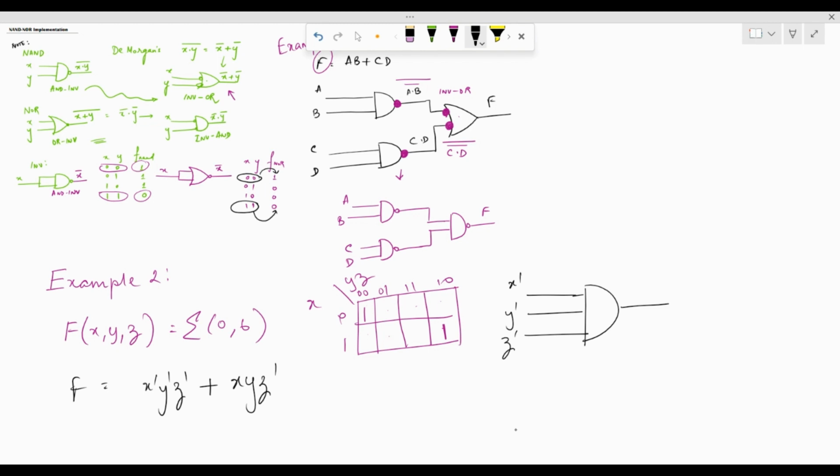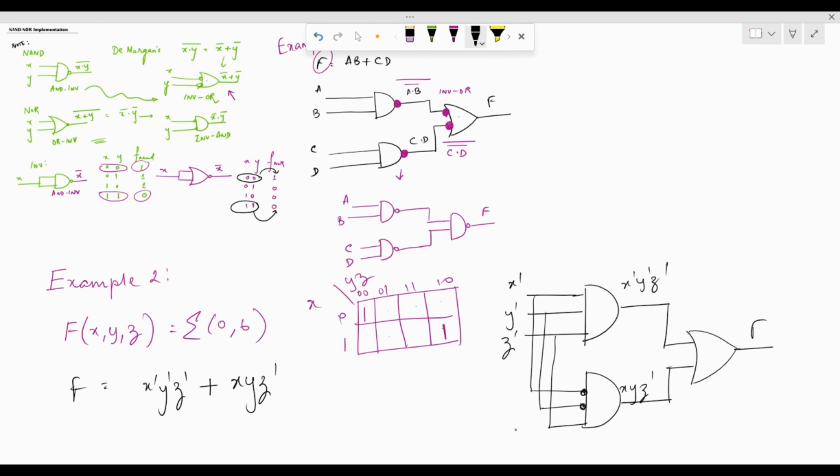Now I can have the second term over here as x, y, and z dash. So I've put bubbles over here so that the x dash and the y dash get inverted. Both of them put together with the OR gate. So here I have x dash, y dash, z dash. Here I have x, y, z dash. And here I have combined both using the OR gate.